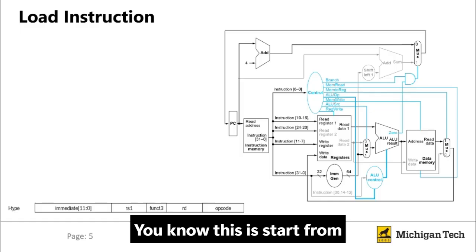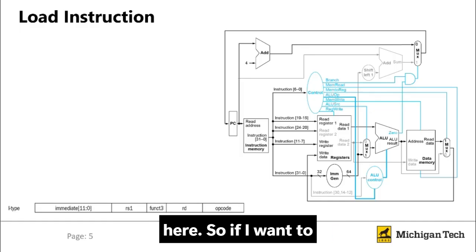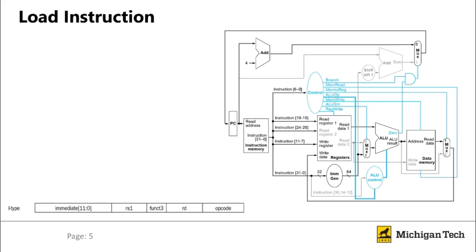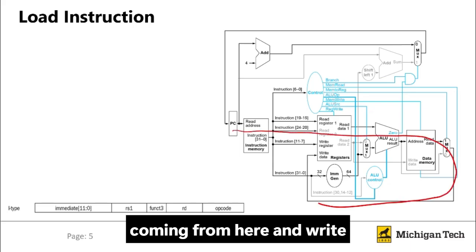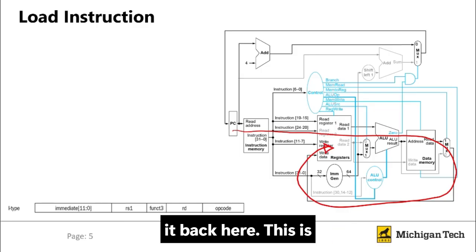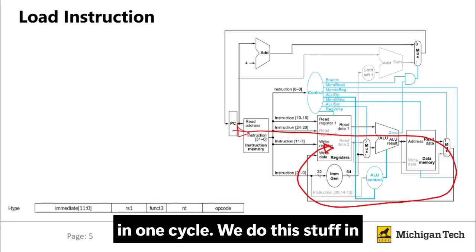It starts from here and comes back here. This is the path that data goes through in one cycle. We do all of this in one cycle.